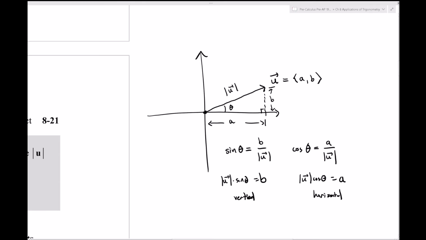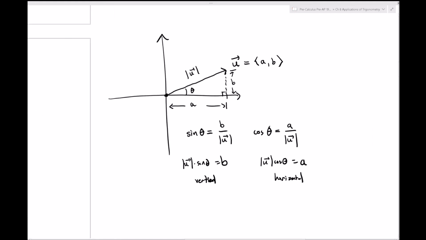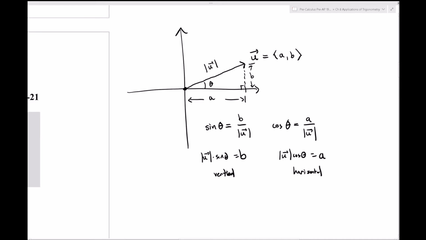The only reason I have the vertical first and the horizontal second is because I thought of sine first and cosine second. You should usually think of cosine first. But it doesn't really matter which way you think of it, as long as you have it in the right order, right position. So those are the formulas for the vertical and horizontal components respectively.